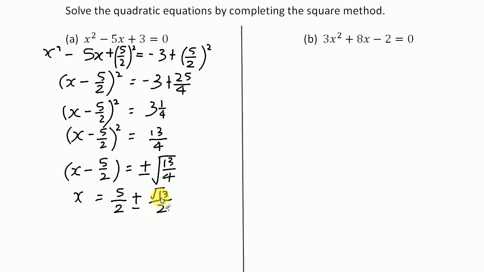When we work this out, we should get two values for x. Those two values of x are x equal to 5 plus square root of 13 over 2, or x equal to 5 minus square root of 13 over 2.